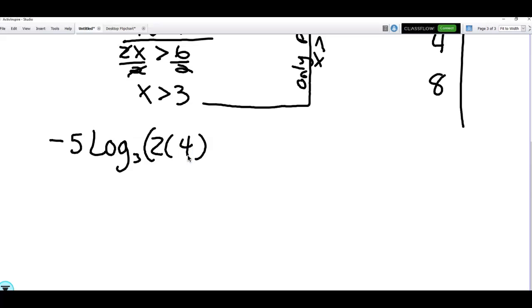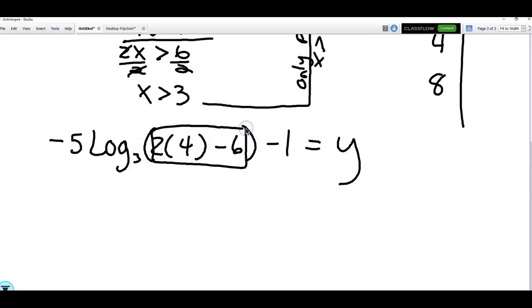We're going to do 4 first. So it was 2x plus or minus, what was it? Thank you. Okay, so we just need to simplify this, and we did this a little while back. You're going to take care of the parentheses first. So let's do that. 8 take away 6 is 2.